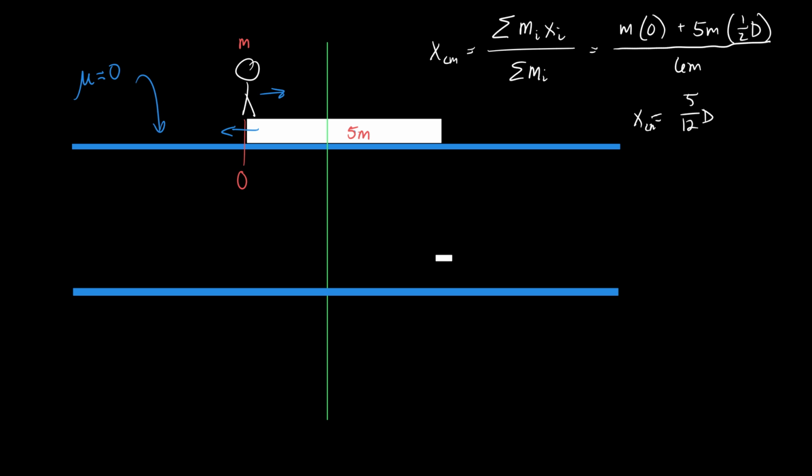When the guy moves across the ice sheet, is it about the same size? When the guy moves across the ice sheet, they eventually make it to this side of the ice sheet. Well, that means the center of mass is now 5/12 from the other side of the ice sheet, right?